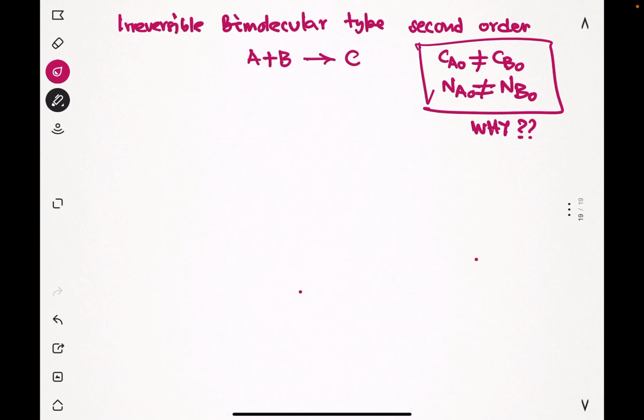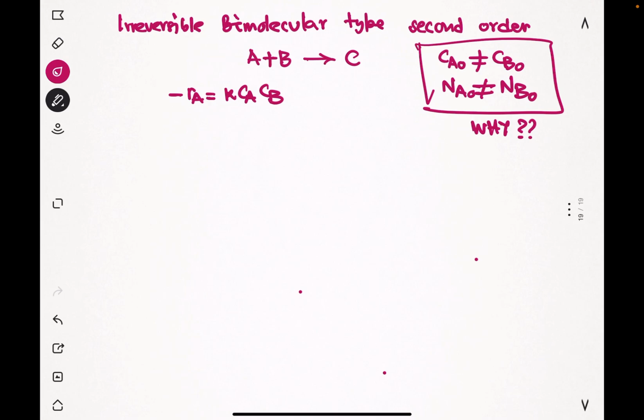But let's just remember for now that for this case, CA0 and CB0 are not the same, and hence NA0 and NB0, the initial concentrations and mole numbers of A and B, are not the same. Since this is a bimolecular second order reaction, the order is 1 for each of the reactants. So the rate expression is something like this.